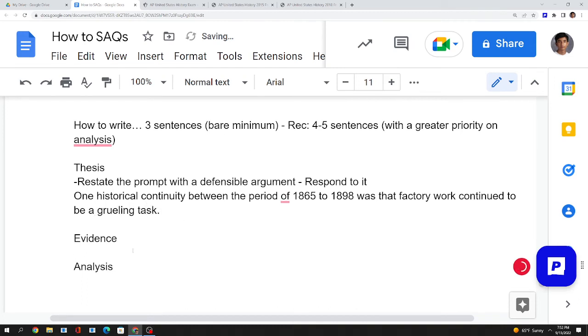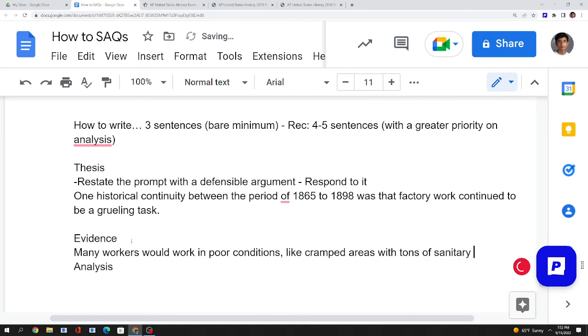And then I would give an example of it. Many workers would work in poor conditions, and I would explain what a poor condition is, like cramped areas with tons of, and by the way, the grammar doesn't matter for this stuff, so I know I sound like a kindergartner writing this, but it's just kind of to get the point across.